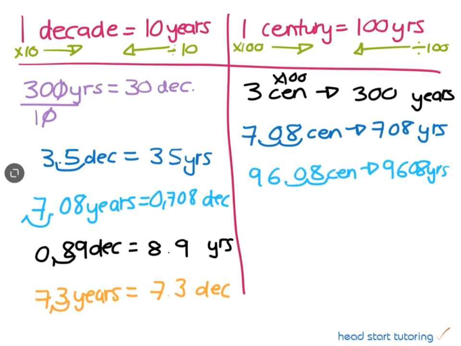Right, now converting years to centuries, we divide by 100. So if I have got 9076 years, that is equivalent to 90.76 centuries.